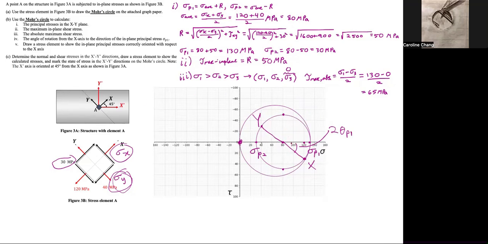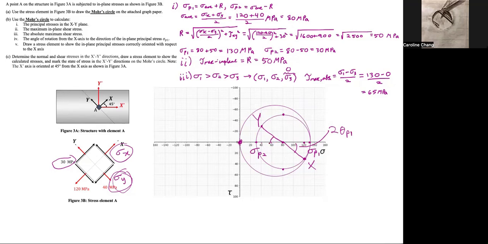So this angle over here is going to be 2 theta principal stress of 1. And I believe this one is going to be 2 theta principal stress of 2. But over here, we only need to find the theta principal stress of 1. So to do this, we can use our trig identities of tan or sine.